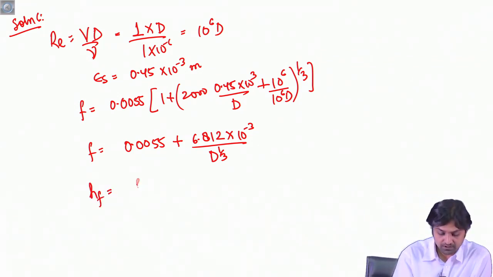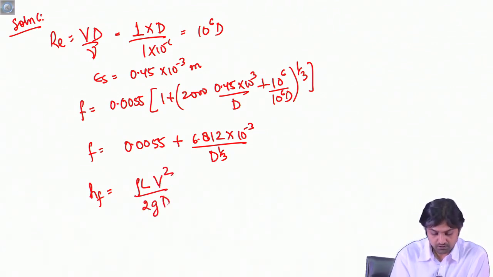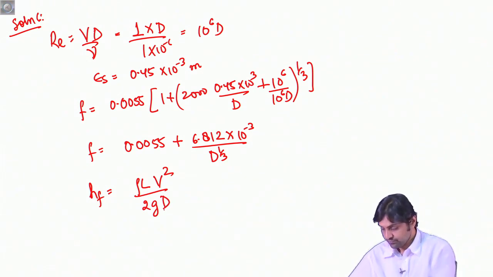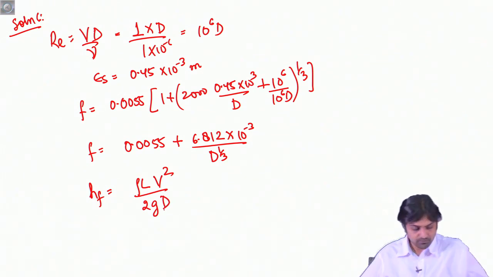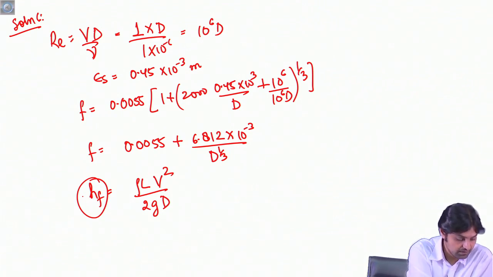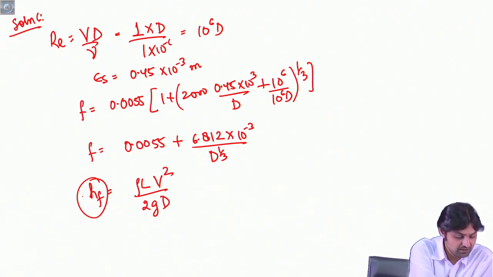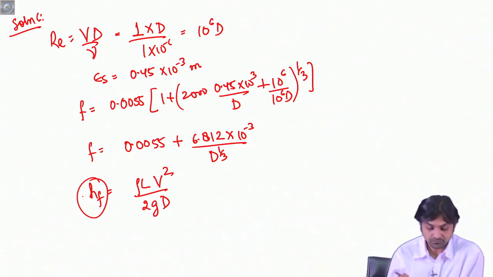hf will be f L V squared by 2 g d. So head loss has already been given. It says 10 in 100. The head loss is limited to 10 centimeters per 100 meters of length, right?